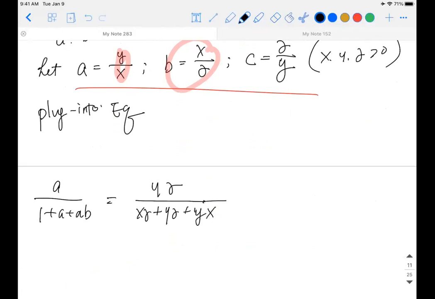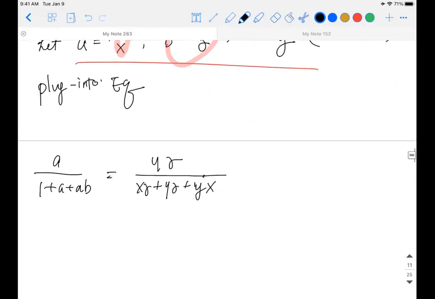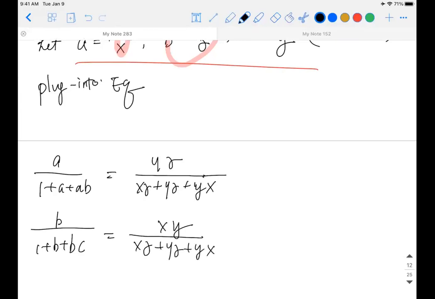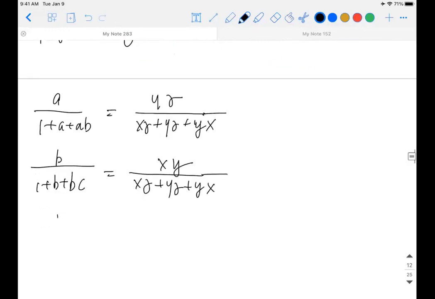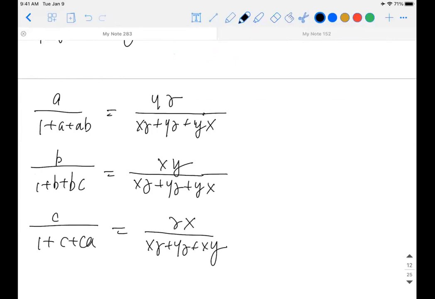No trick, just plug in the value. And then you put into the second one, 1 plus B plus BC, it goes to xy, xz, yz, yx. The third one, zx, xz, yz, xy. There's no trick. You plug in the value, that's it.